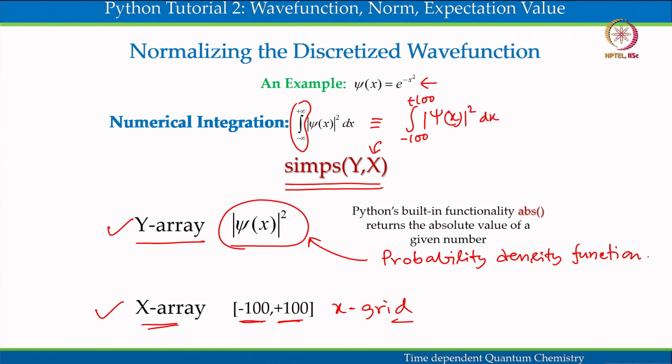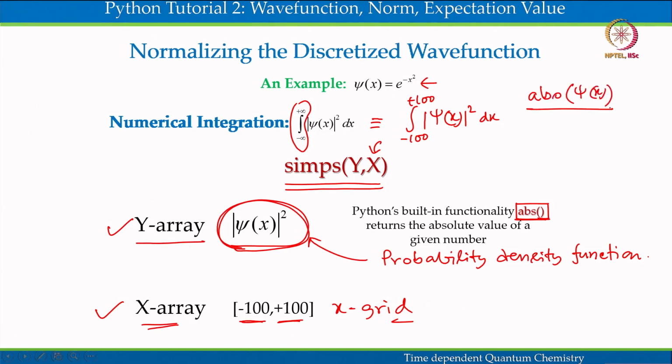Now Python's built-in functionality abs, absolute value, returns the absolute value of a given number, and that is exactly what we need, because this is the absolute square of the wave function. I can get the absolute value of a wave function by writing abs within brackets, psi x.